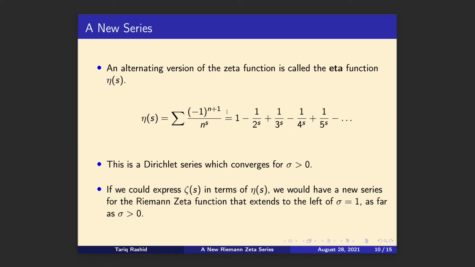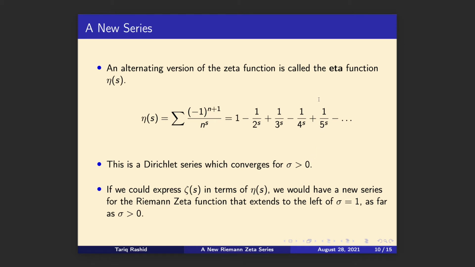So the important point here is the zeta function converges for sigma more than 1. The eta function, the alternating one, converges for sigma more than 0. It's got a slightly bigger domain of convergence. That's exciting, that will be useful for us.